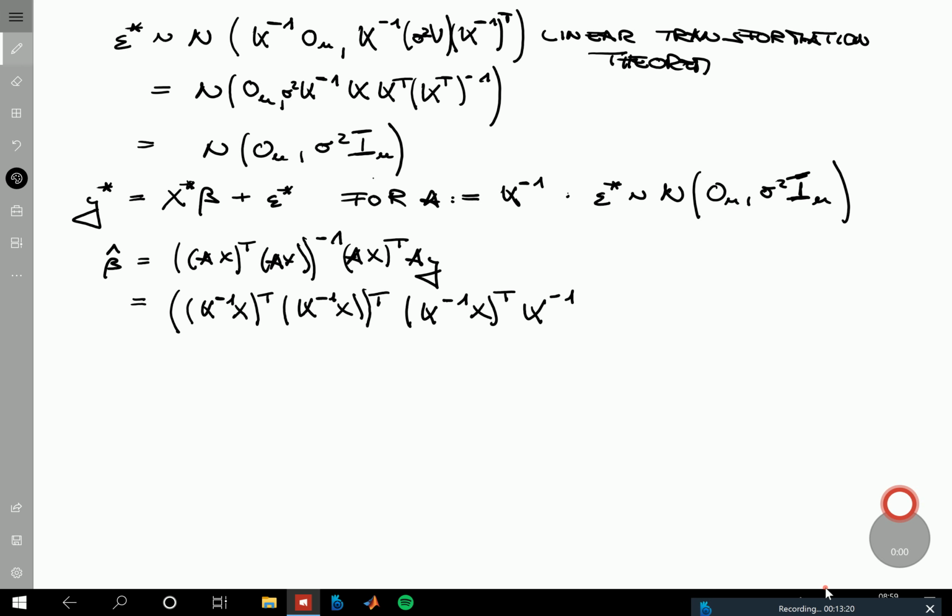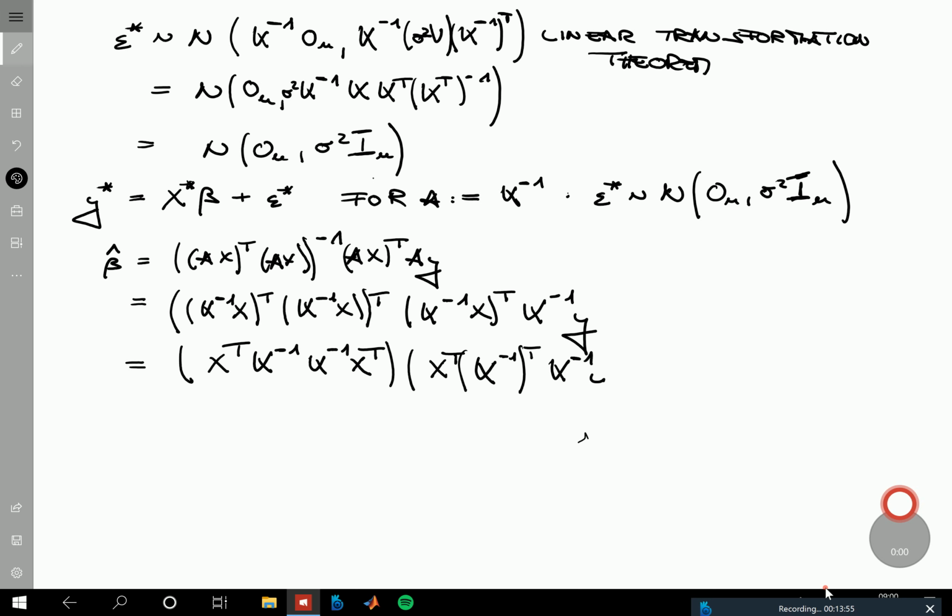So we get this expression. And then with the properties of K, we get to K minus 1, K minus 1 X^T, and here we get to X^T K minus 1 transposed K minus 1 y, and this is also the same as K minus 1.